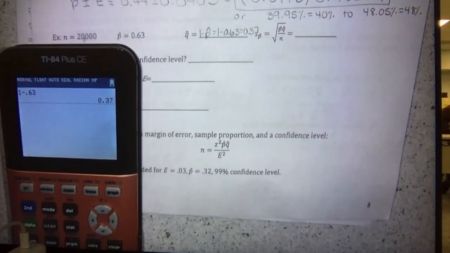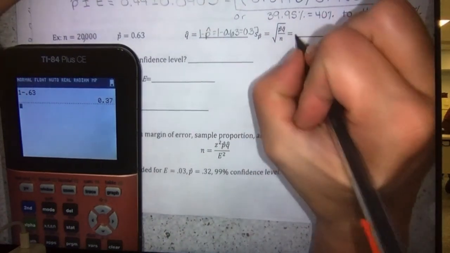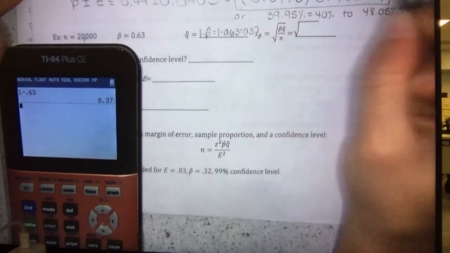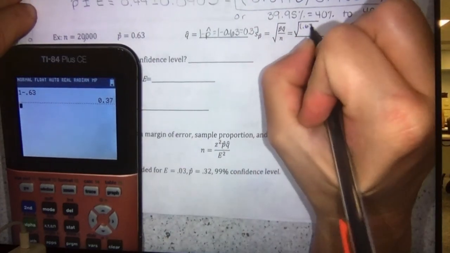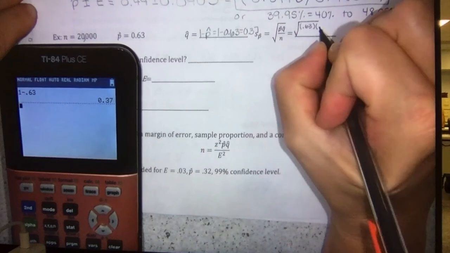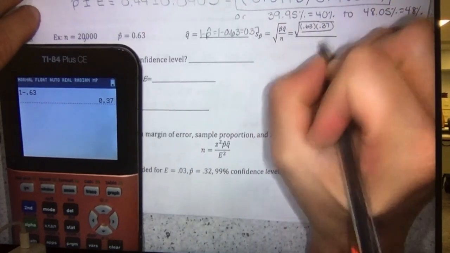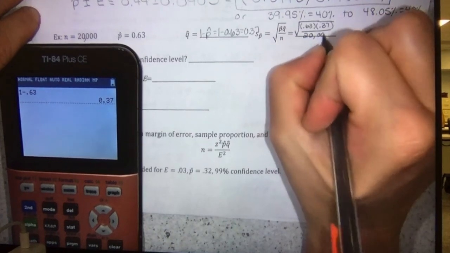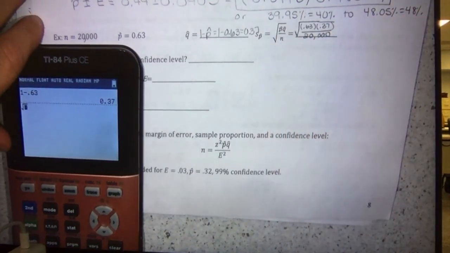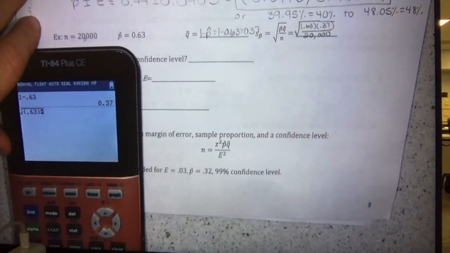Our sampling standard deviation is the square root of p hat, which is 0.63, times q hat, which is 0.37, all over n, which is 20,000.